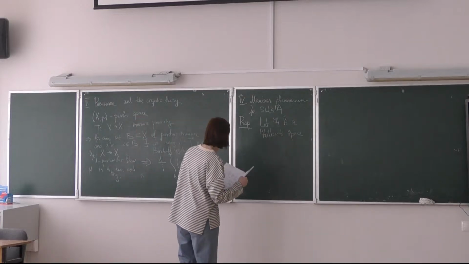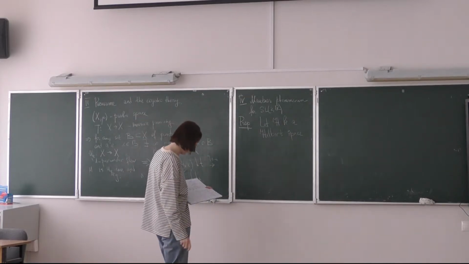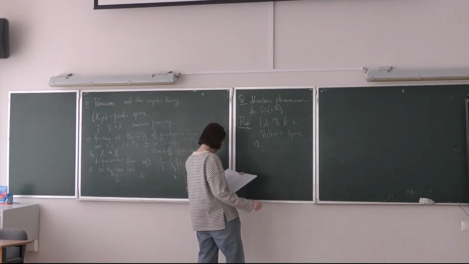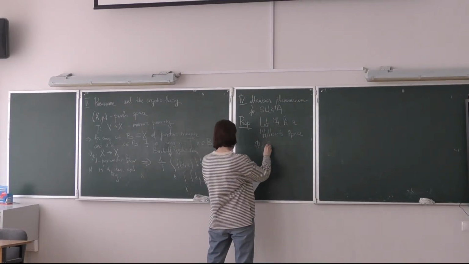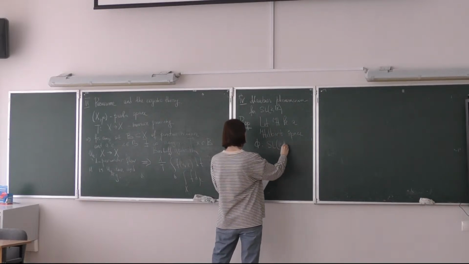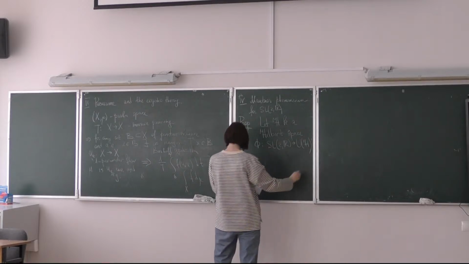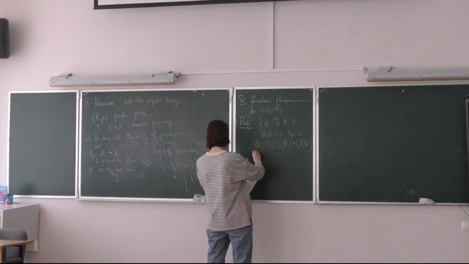For those who are interested in Hilbert, so here we have a Hilbert space. And we consider a map from SL2R to U(H). It's a unitary representation. What does it mean?